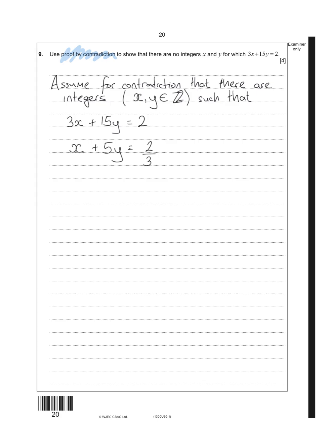I think my gut instinct, rather than messing about and trying to do any kind of substitution, I think the first thing I want to do is divide through by 3 on both sides, because it'll make the left-hand side a little bit smaller for us, and it will give us 2/3 on the right. Oh, and actually, that is our contradiction.